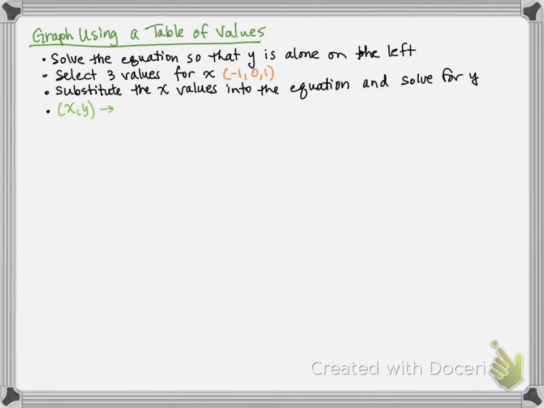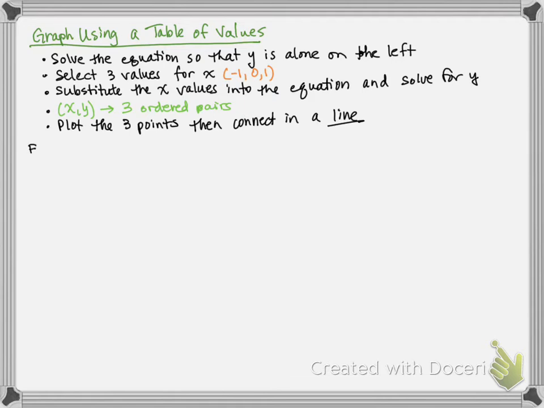So we need to get 3 of these ordered pairs. Okay, and then we're going to plot the 3 points, then connect in a line. Okay, so linear equation, right? So directions are going to say graph using a table of values.